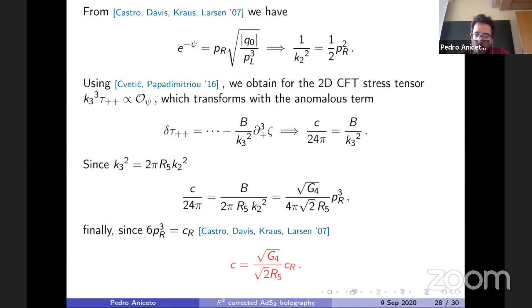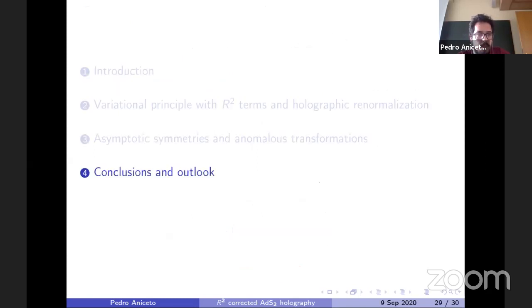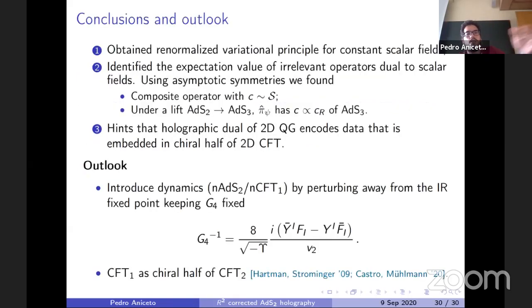So, having said all of this, I would just like to conclude what we have done here. We have obtained the renormalized variational principle for this theory for constant scalar fields.